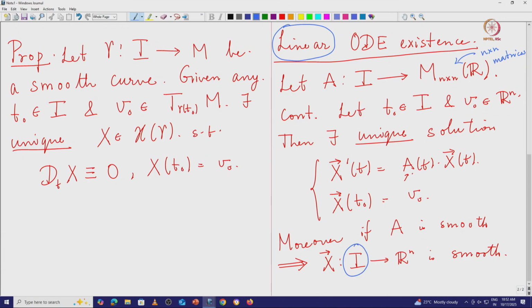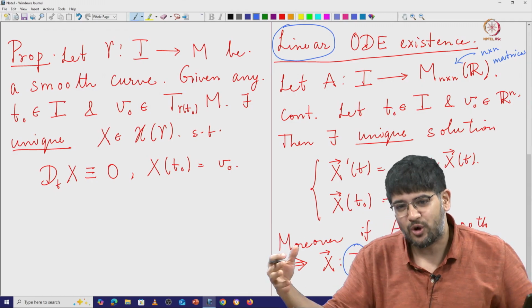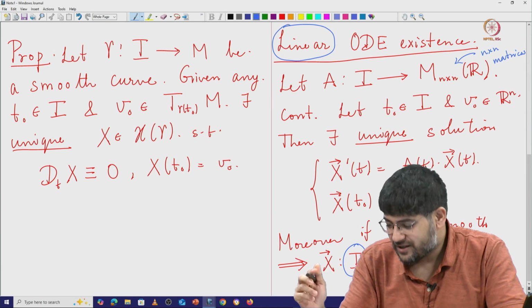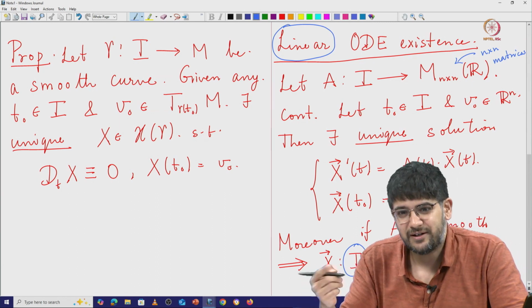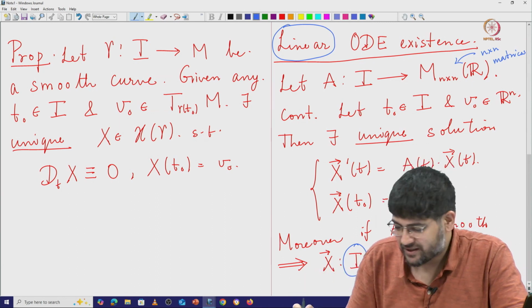So later on in the course we are going to talk about geodesics, and geodesics will satisfy a nonlinear equation. So there you'll only have a local existence result. But here, because as we shall see shortly, parallel transport or parallel translation satisfies a linear ODE, you have a solution on the entire interval I. Okay, so that's a crucial difference to keep in mind.